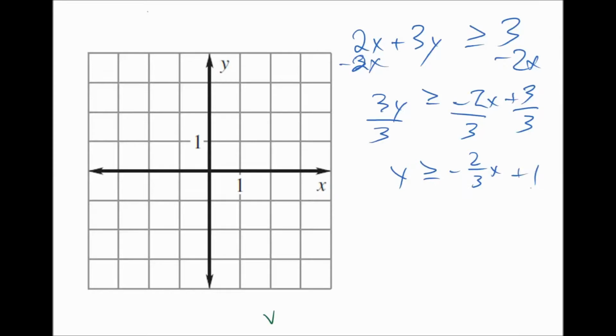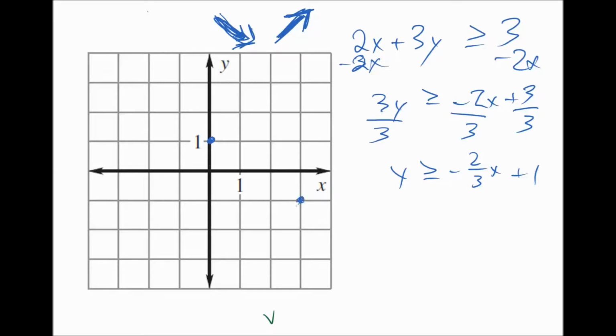Let's put the y-intercept at plus 1. The slope is negative 2/3, and a negative slope means it's going down and to the right. That's the trend: down and to the right. Positive slope goes up and to the right. So let's draw this down and to the right: we go down 2, then over 3.